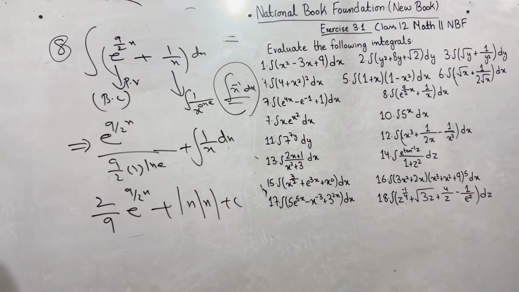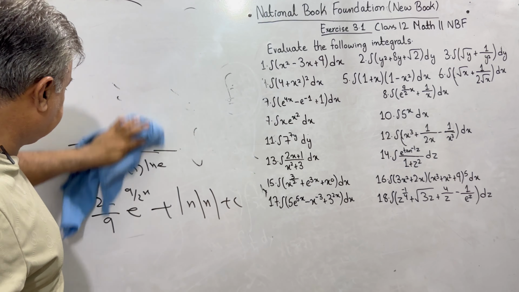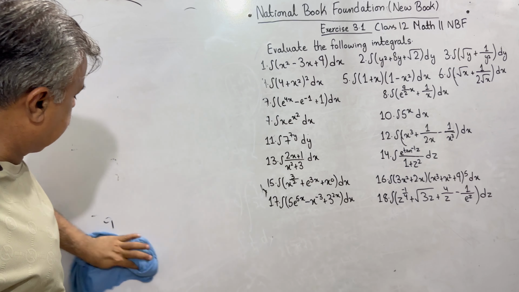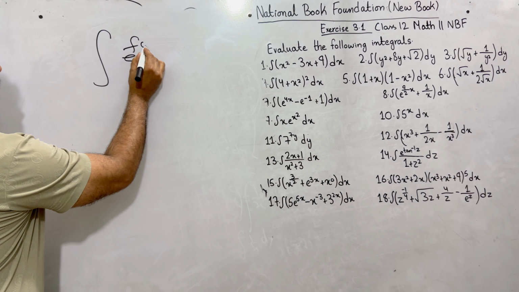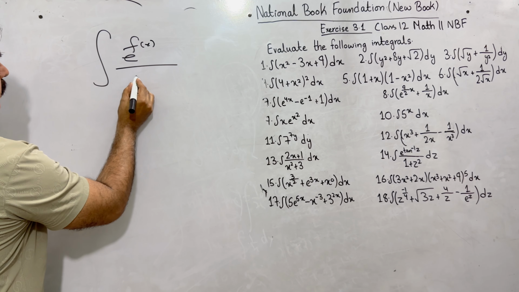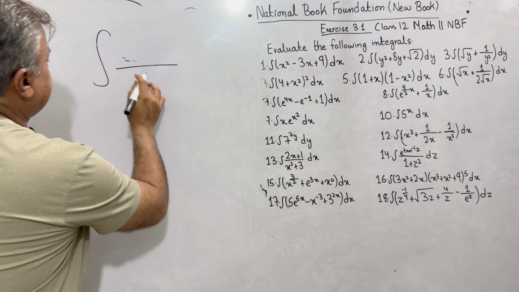Let me write a formula for you to be kept in mind. More than 70% of integration depends upon what you mean by a function and its derivative. How to find the function and derivative?